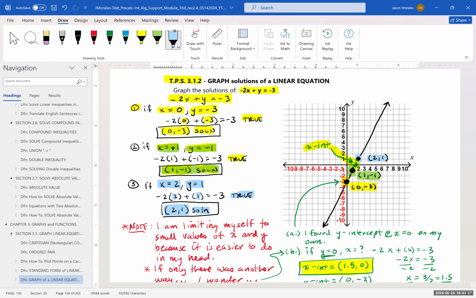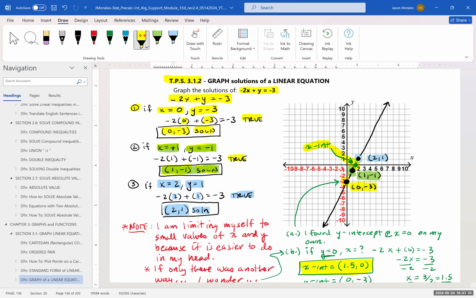I just picked three points to show a trend that's happening here, and I went ahead and drew the pattern that the points are forming, up and to the right and down and to the left.